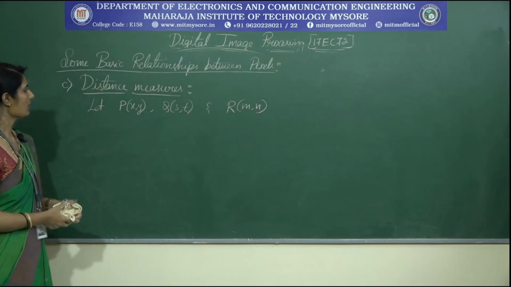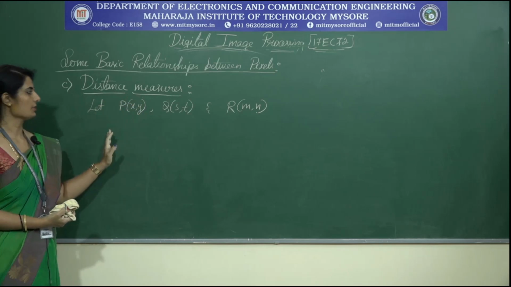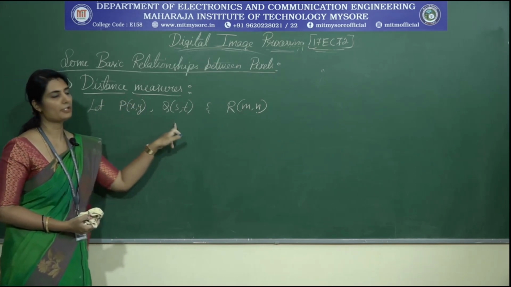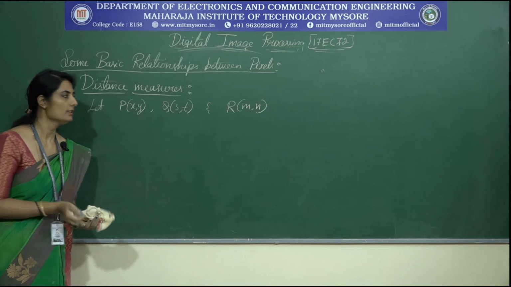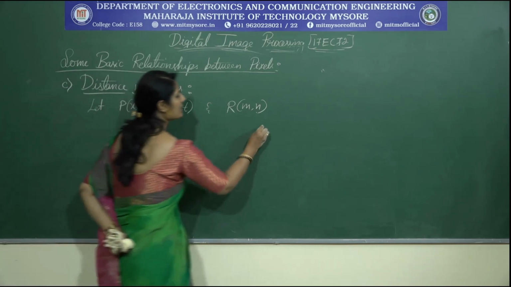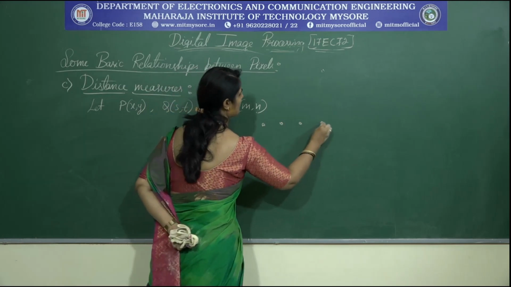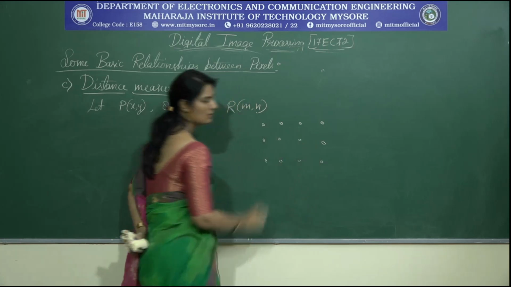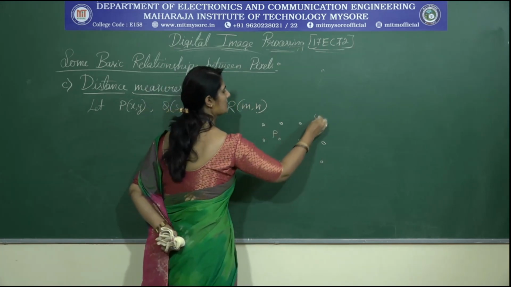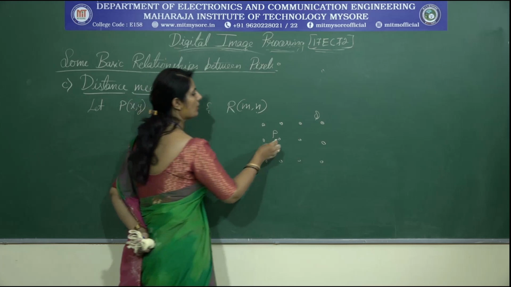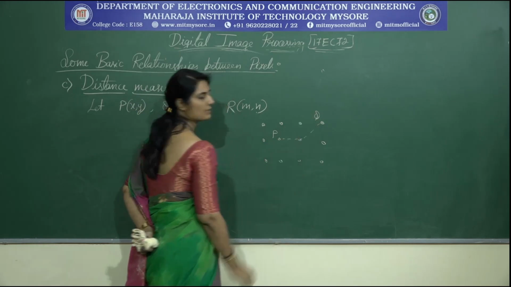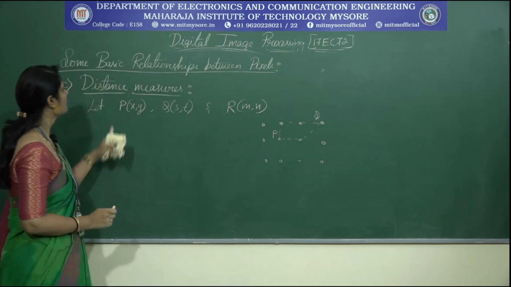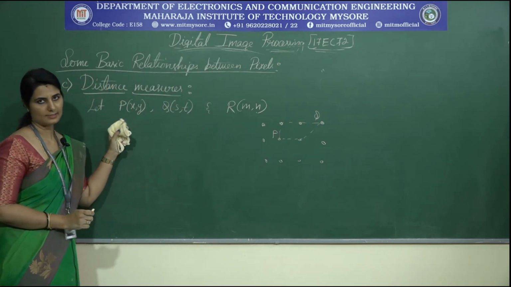In distance measure, there is a set of functions used to find the distance between two pixels. Here there are many pixels. Let this be P and this be Q. To find the distance between P and Q, we will use these distance measures.